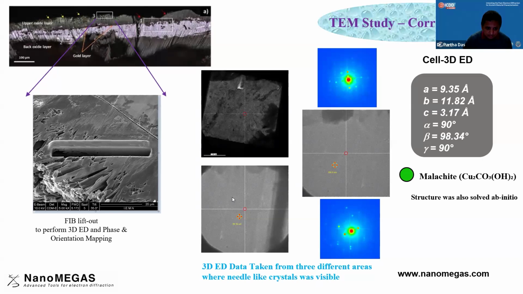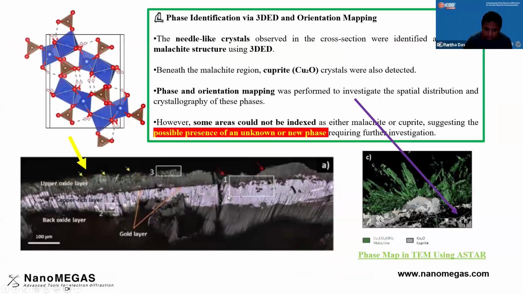Then we did phase and orientation mapping to see whether it is malachite only or other phases as well. The top layer is malachite, and below it there is a cuprite phase, which we observed during the phase and orientation mapping.